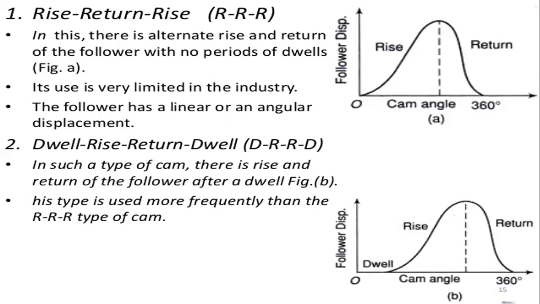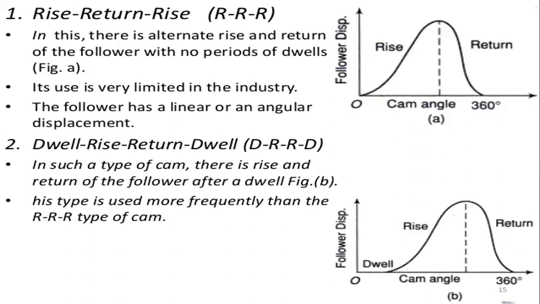And the second one is the dwell rise return dwell. So the form is DRRD, that is dwell rise return and dwell.